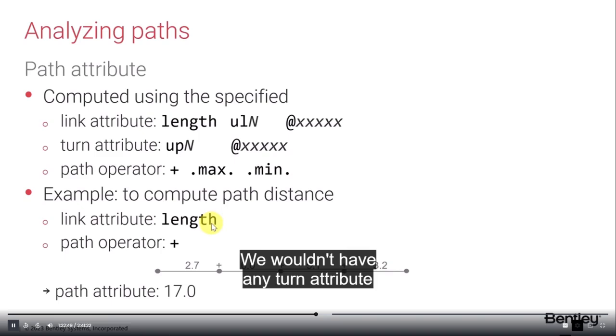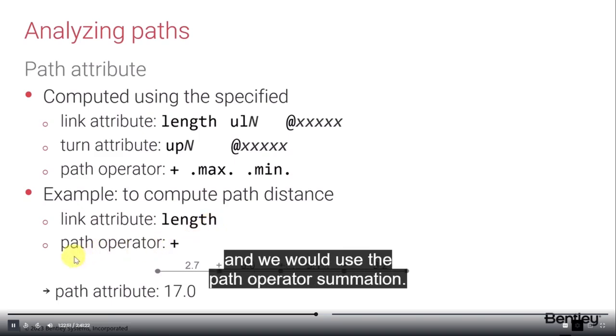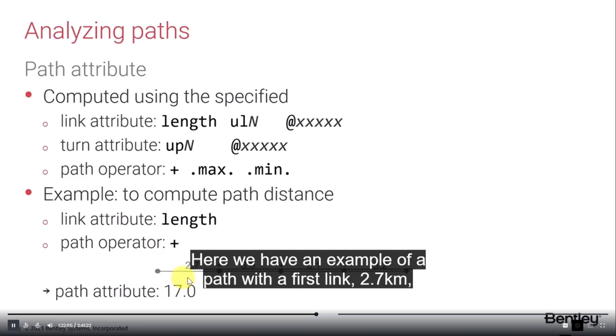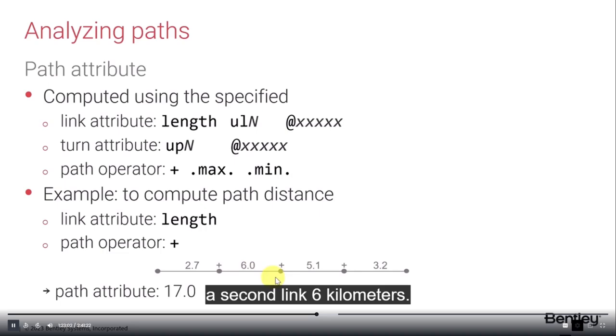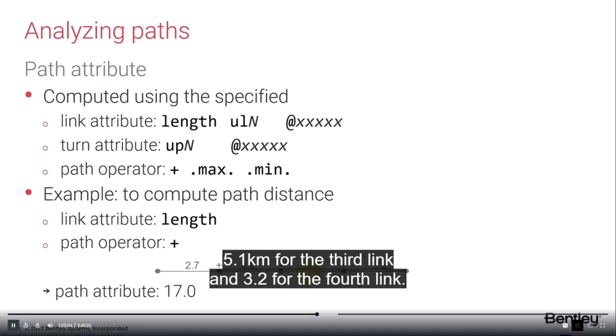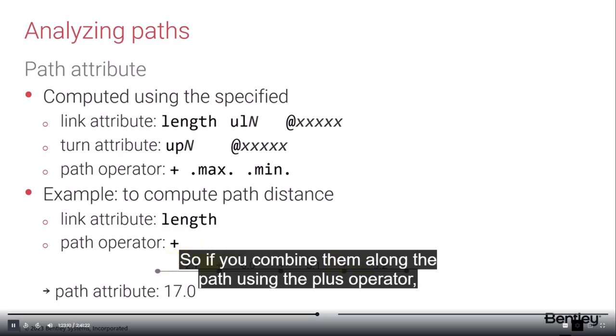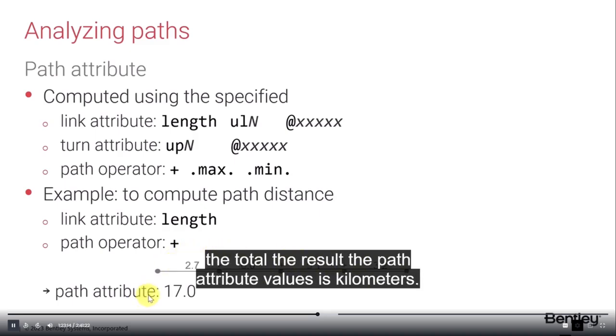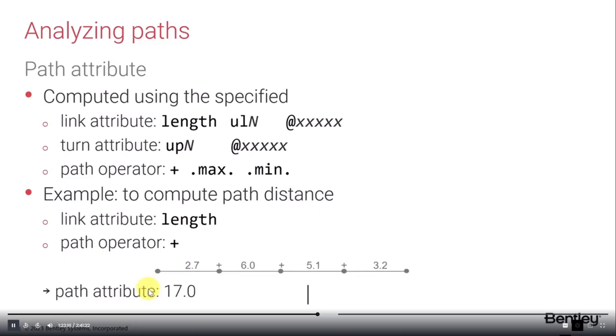We wouldn't have any turn attribute, and we would use the path operator summation. Here we have an example of a path with the first link 2.7 kilometers, a second link 6 kilometers, 5.1 kilometers for the third link, and 3.2 for the fourth link. So if you combine them along the path using the plus operator, the path attribute value is 17 kilometers.